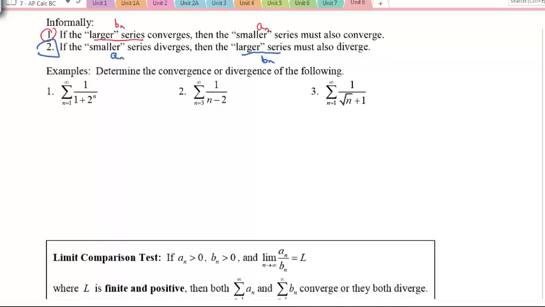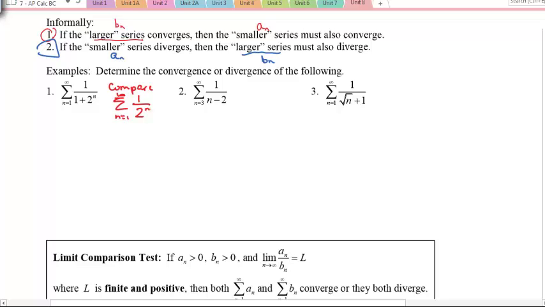Here we have the sum of a series from n equals 1 to infinity of 1 over 1 plus 2 to the power n. That's a difficult series to actually do. But if we were to compare it to something, what could we compare it to? You might be thinking, let's compare it to something very similar, like the sum from n equals 1 to infinity of 1 over 2 to the power of n.